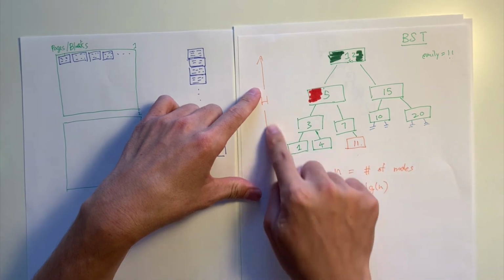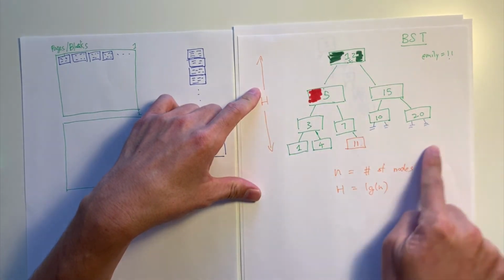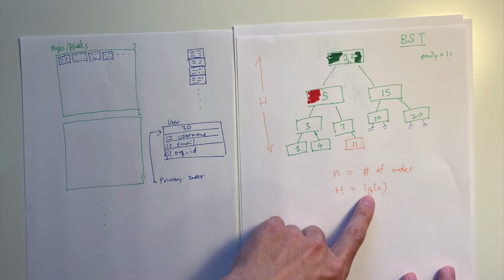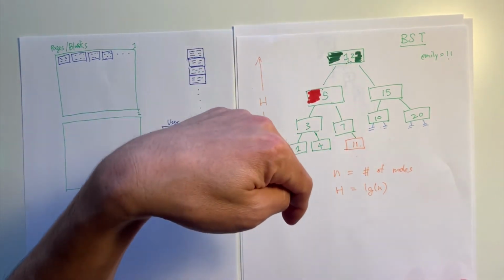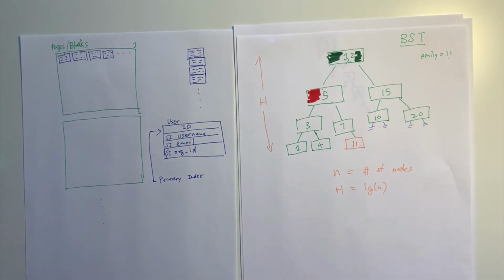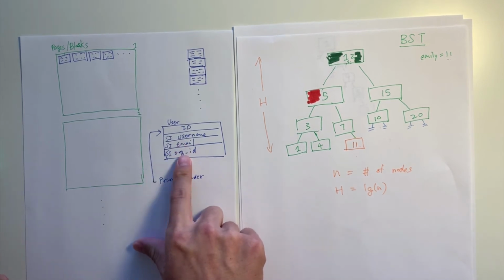So at the end of the day, if we can assume that we have algorithms that keep our tree balanced like this, we can be guaranteed log n time for inserting into a tree, which we're going to use for an index. So we don't have to worry about the updating of the index being slow.